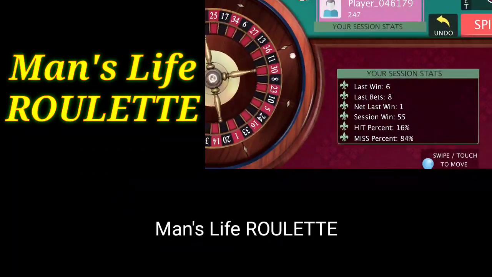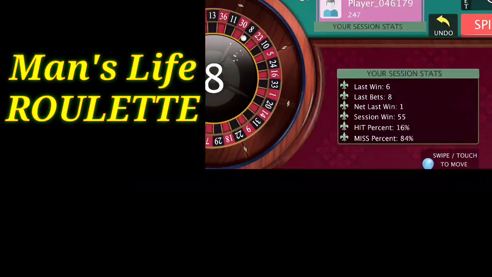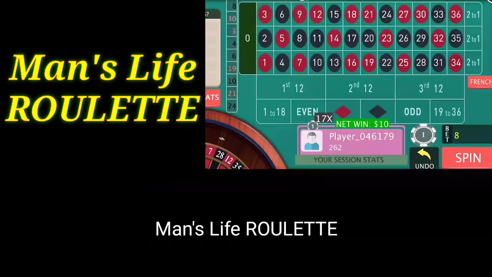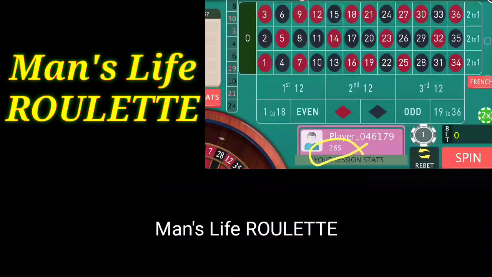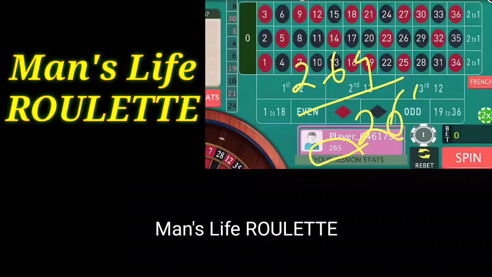In the last betting cycle, we lost 6 or 7 times, but we also made the profit. In this cycle, we made our profit quite easily. Just in 2 or 3 spins, we hit the target. Our target was to achieve $264, but now we are at $265.